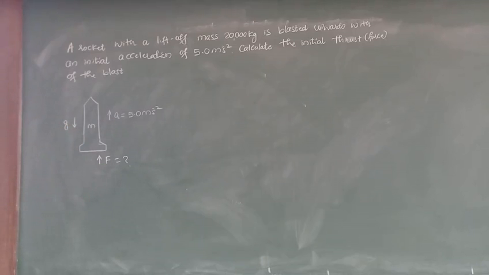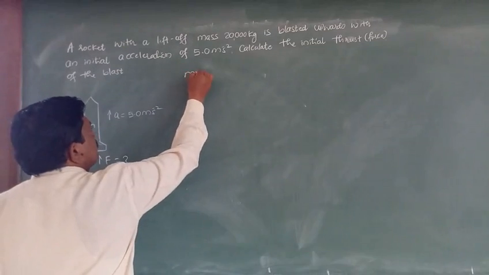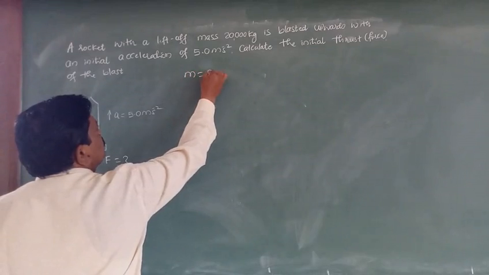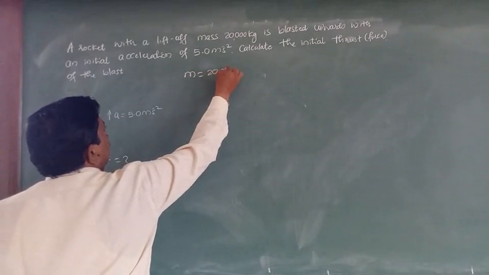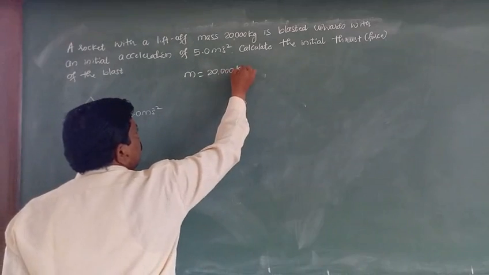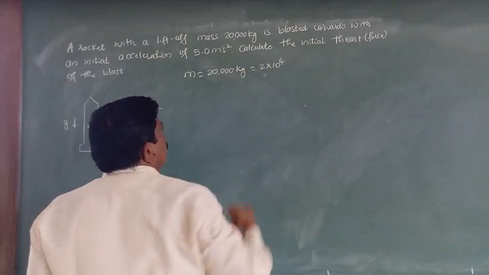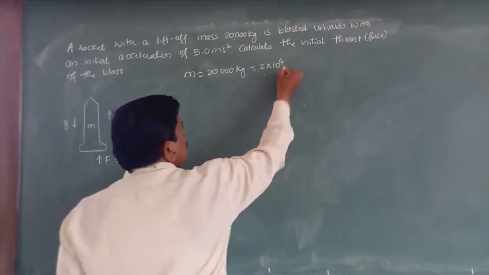Okay, so this is the question. As per the question, the mass m is 20,000 kg, that I can write as 2 into 10 raised to 4 kg.